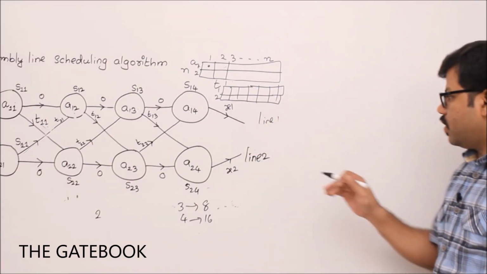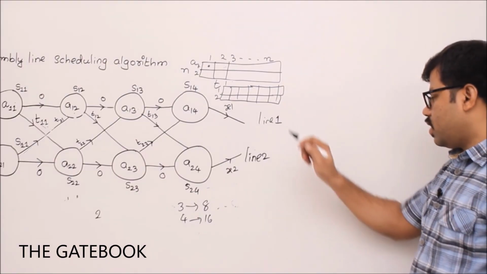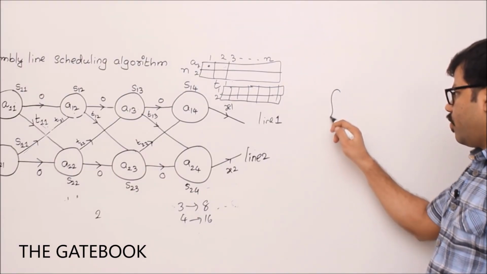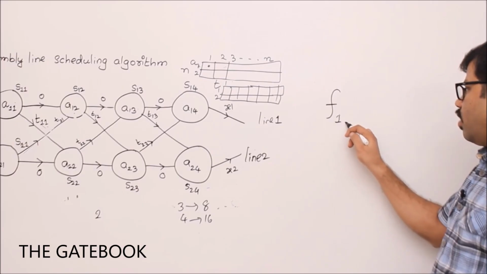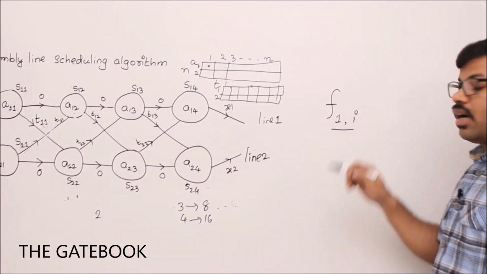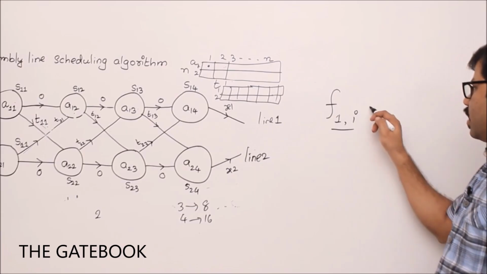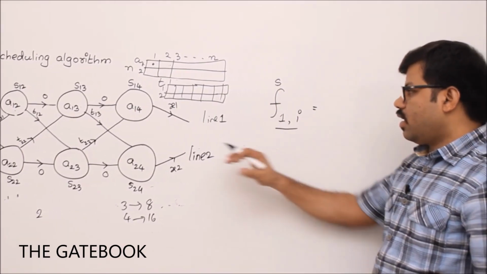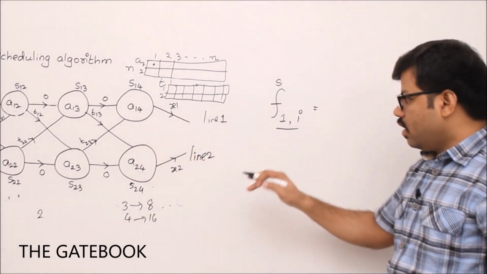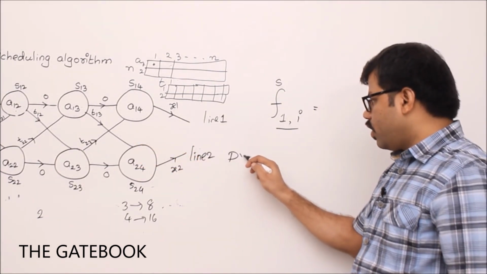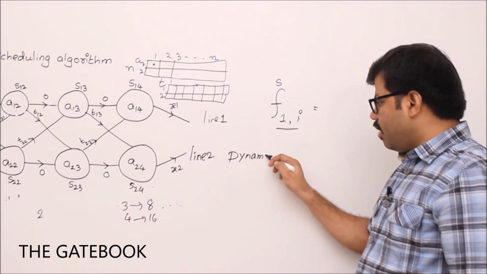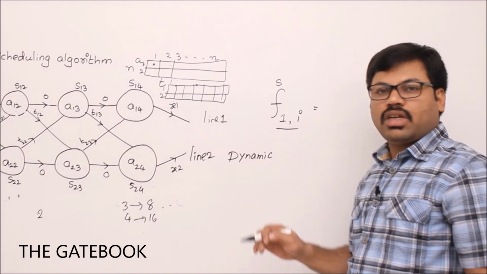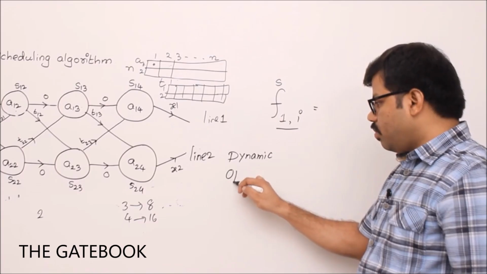In this problem, before showing optimal substructure, I introduce a variable called f. So f1 comma i. What is the meaning of f1 comma i? f1 is nothing but the path. What kind of path? Shortest path, with respect to cost. One more point I would like to mention: whenever you are applying dynamic programming, that kind of problems are also known as optimization problems.